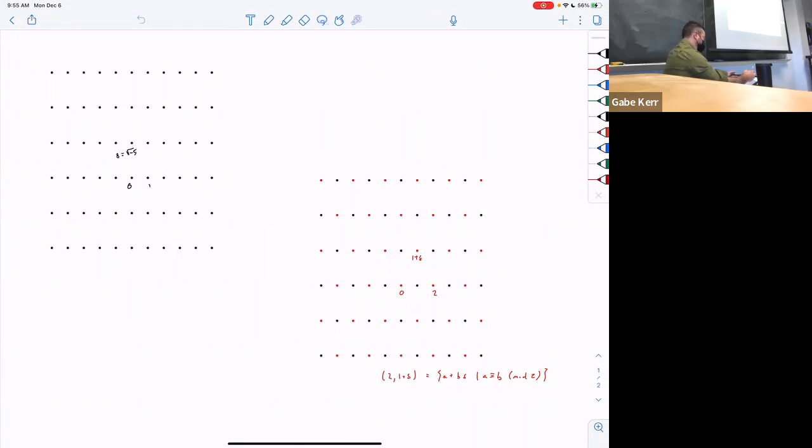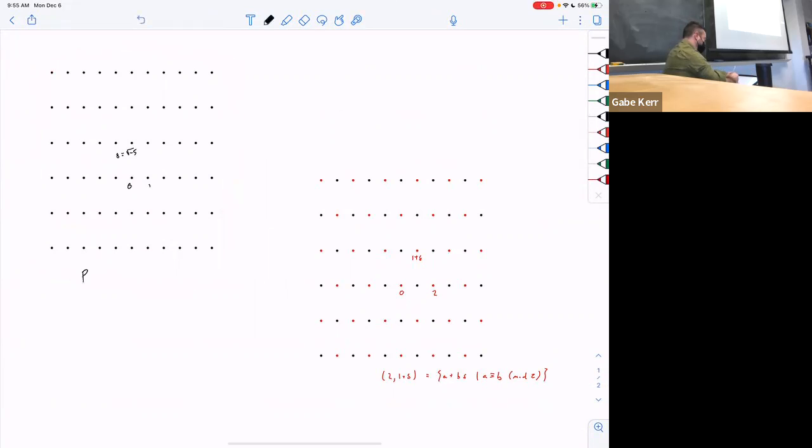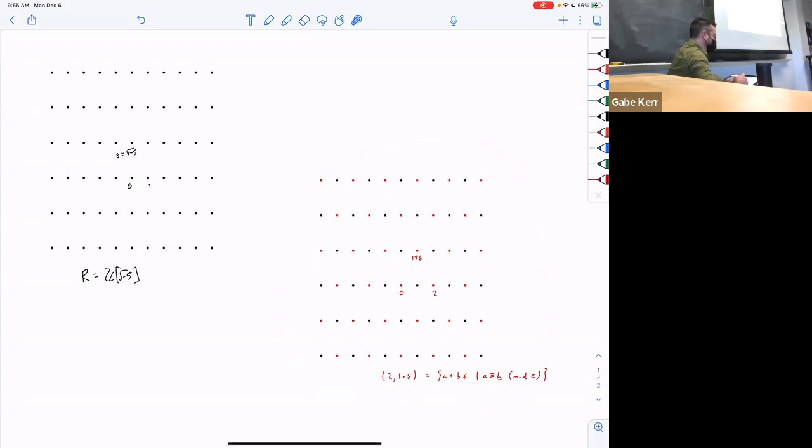This is a picture of the whole ring R, and the red one is just the set of points inside the sublattice.